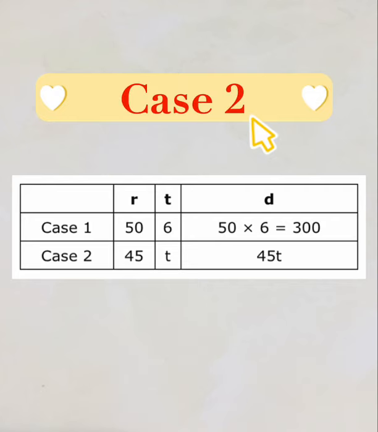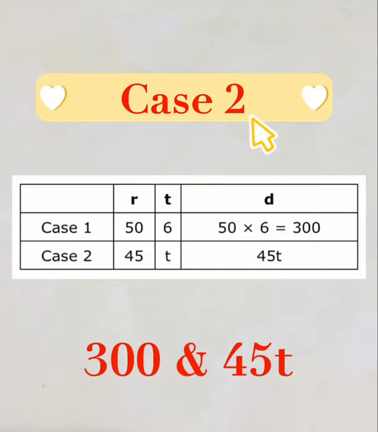In case 2, r is 45 and the time is not mentioned, so we write t. To find d, we multiply r by t, so 45 times t is equal to 45t. Now we have the values for d, which are 300 and 45t.